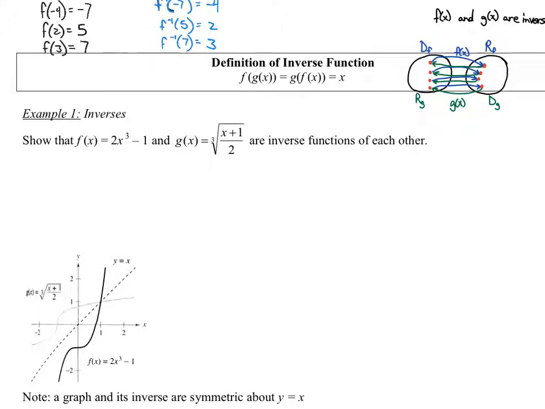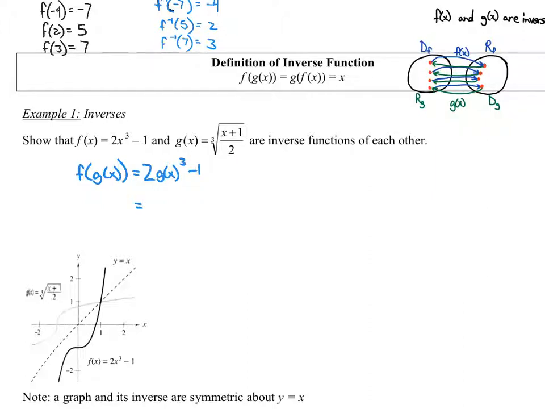So, here, if I wanted to show that f and g are inverse functions of each other, the first thing that I need to do is f of g of x. Okay? So f of g of x, instead of 2x cubed minus 1, I've got 2 times g of x cubed minus 1.